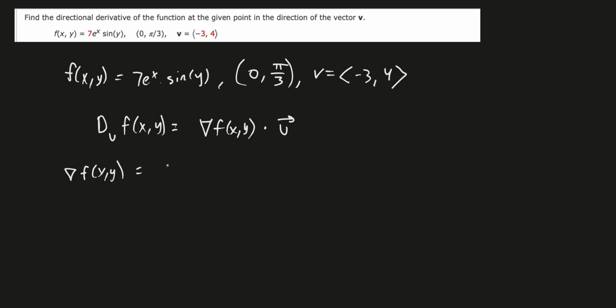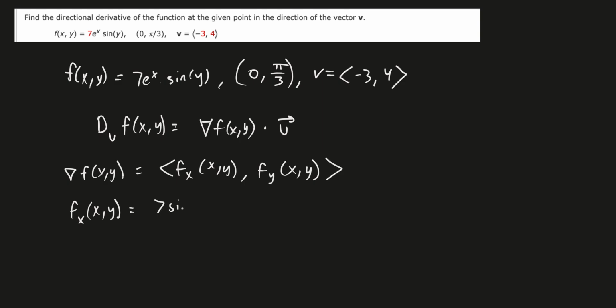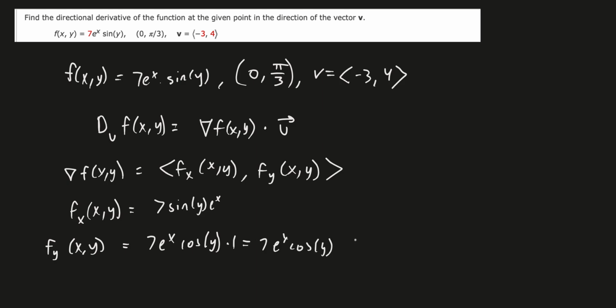So basically we just compose all of the partial derivatives. Remember, the partial derivative with respect to x is treating y as a constant. So it's 7 sine y e to the x. And then treating x as a constant, we have 7 e to the x cosine y times 1, but it's the same thing, 7 e to the x cosine y.